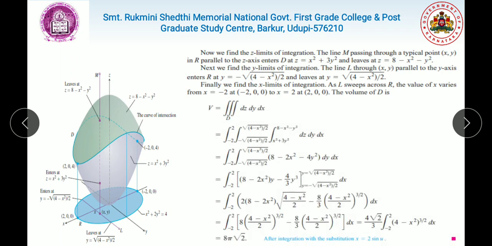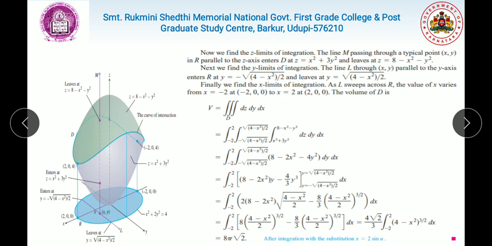So you have the triple integral with limits z varying from x square plus 3y square to 8 minus x square minus y square, the limits for y, and final limits for x from minus 2 to plus 2. Now when you integrate the innermost integral with respect to z, the integration of 1 is z, and when you put the limits, it's upper limit minus lower limit, which simplifies to 8 minus 2x square minus 4y square.